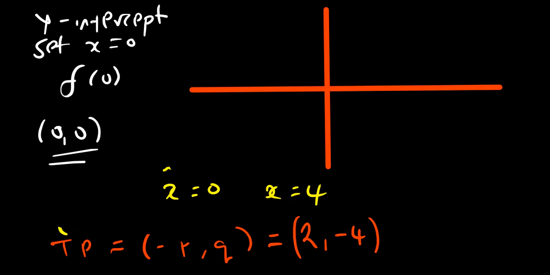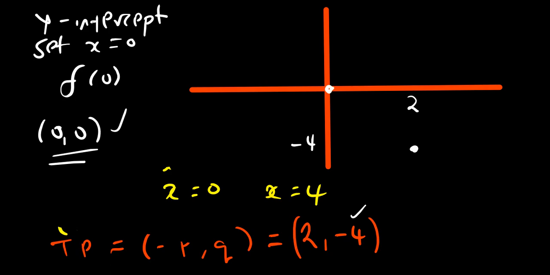we said the turning point. Let's say this is negative 4, and let's put our 2 here. We said this is our turning point. Then we said this graph cuts the y-axis at this point, 0 comma 0, which is the y-intercept.